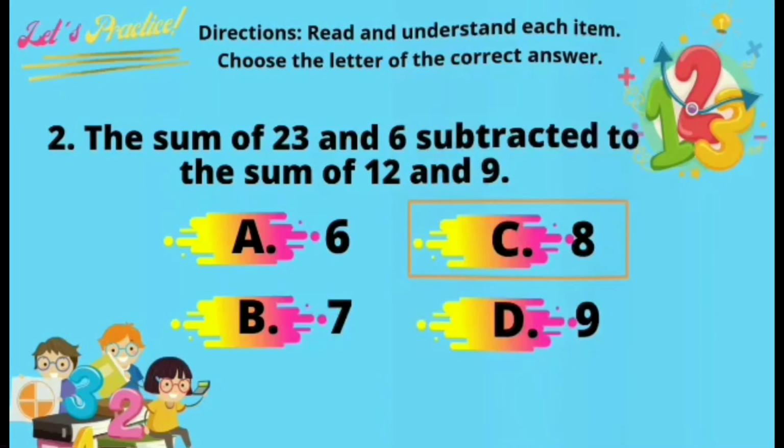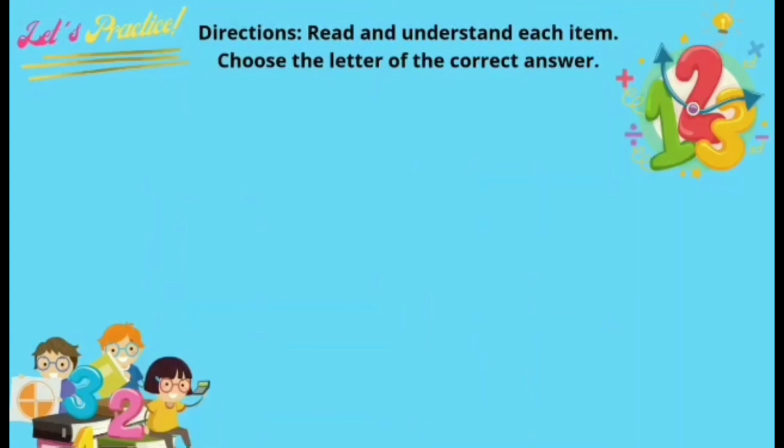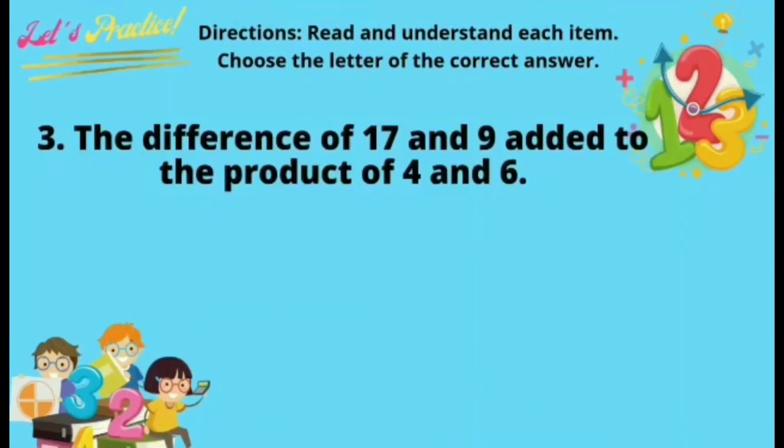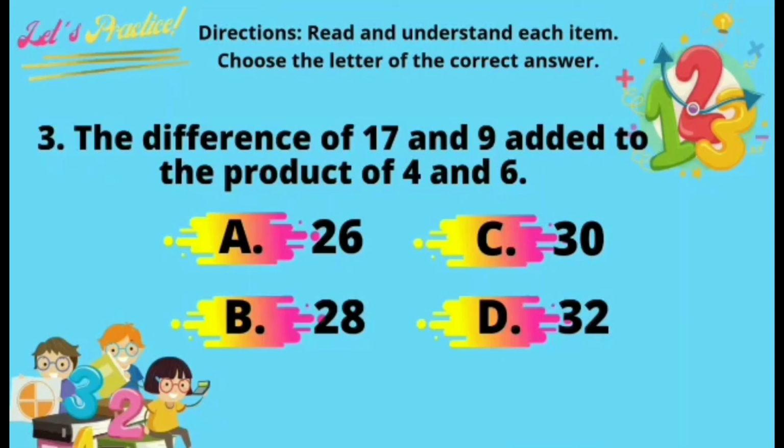We get 8. For number 3, the difference of 17 and 9 added to the product of 4 and 6. If your answer is D, 32, you are right. 17 minus 9 is 8 plus the product of 4 and 6, which is 24. We get 32.